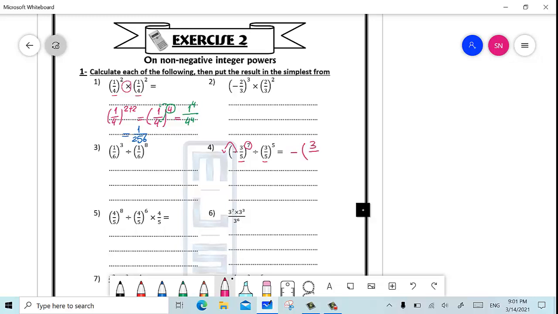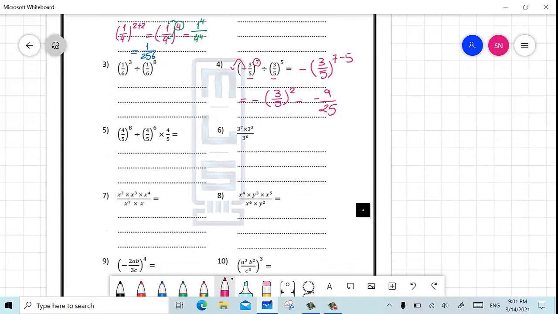Negative 3 over 5 to the power of 7 minus 5. This is going to equal negative 3 over 5 to the power of 2, which is going at the end to equal negative 9 over 25. See how it's so easy? And now we're going to go for number 5.